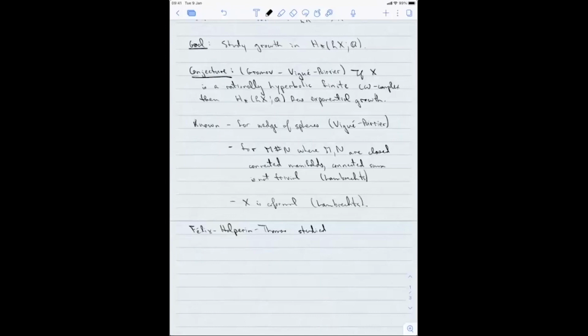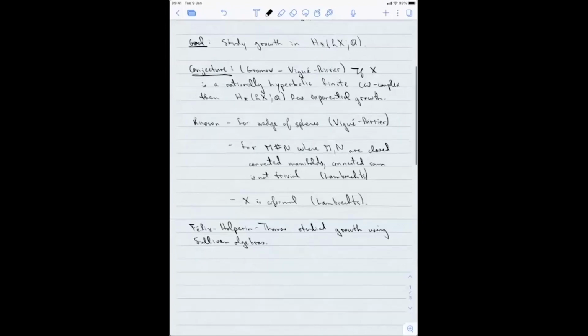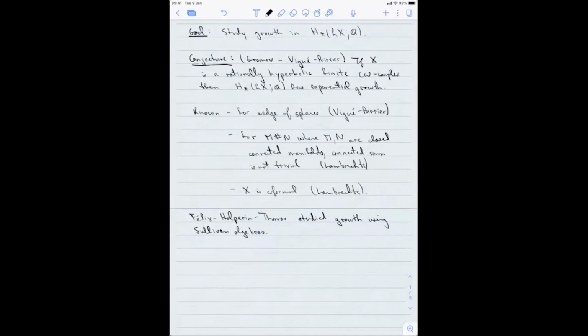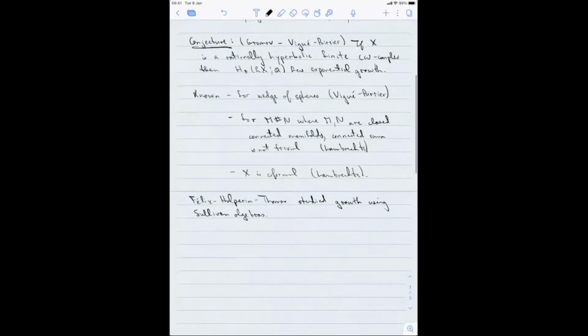But in all of this, they studied this growth using Sullivan algebras, as the rational homotopy theorists tend to do. And we'll take an approach later on which will use this decomposition method, which is an integral method. So it's quite a different method.